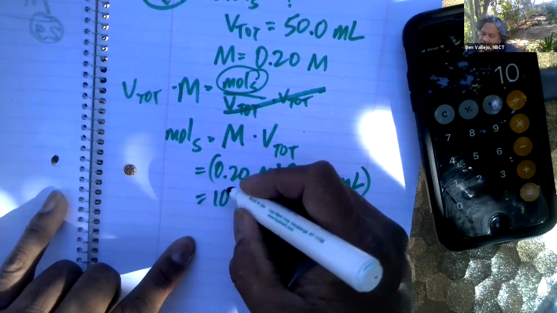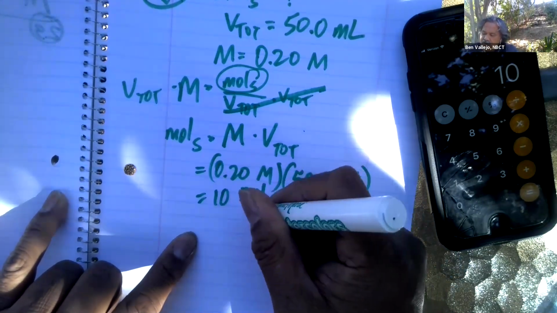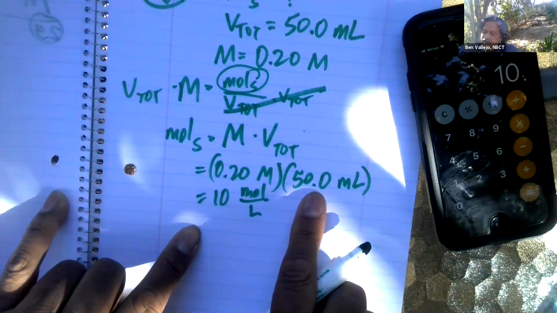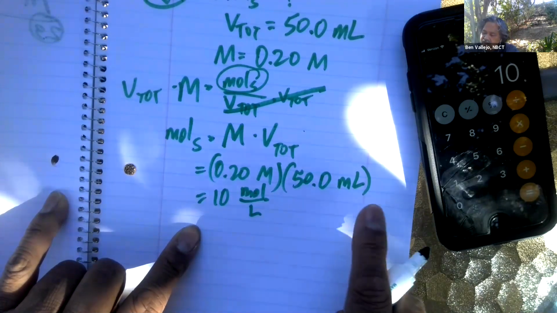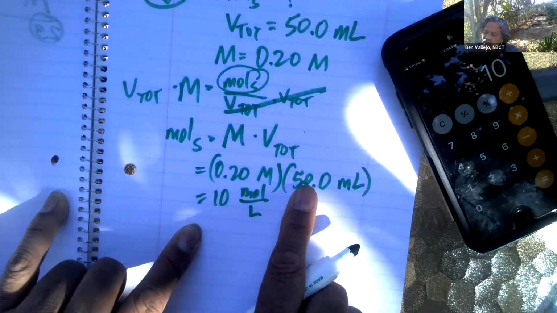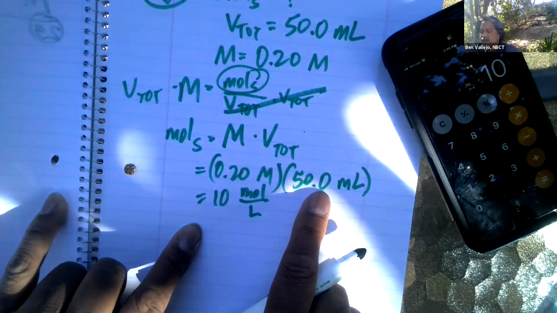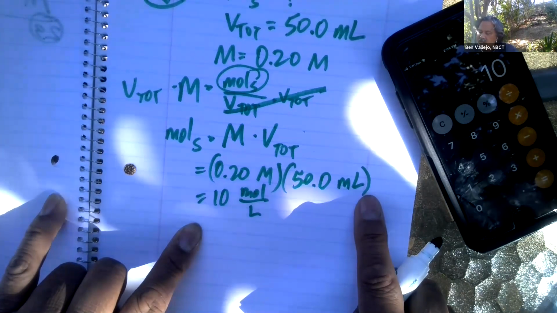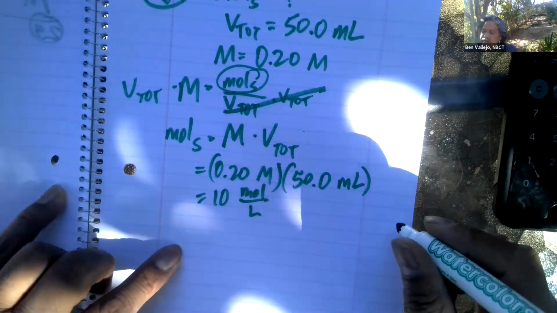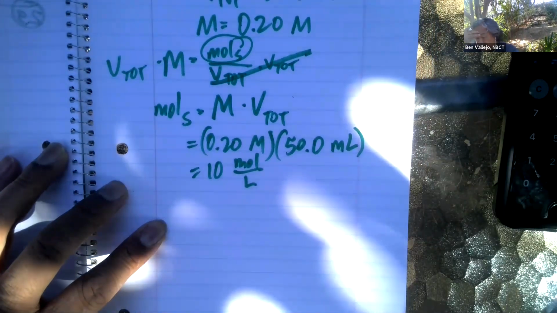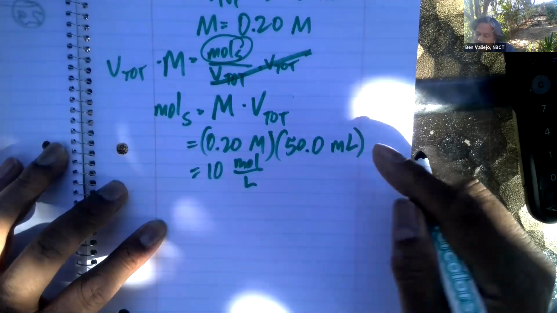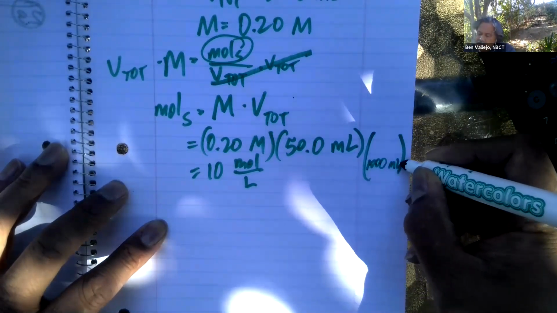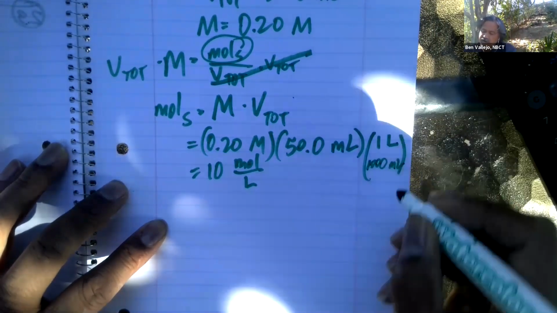See, remember M means moles per liter. And over here we have milliliters though. So we really should have converted this from milliliters to liters before we did that. In order to get rid of this milliliter, and it looks better when we do it by dimensional analysis, remember that the conversion factor for milliliters and liters is there are 1,000 milliliters in 1 liter.